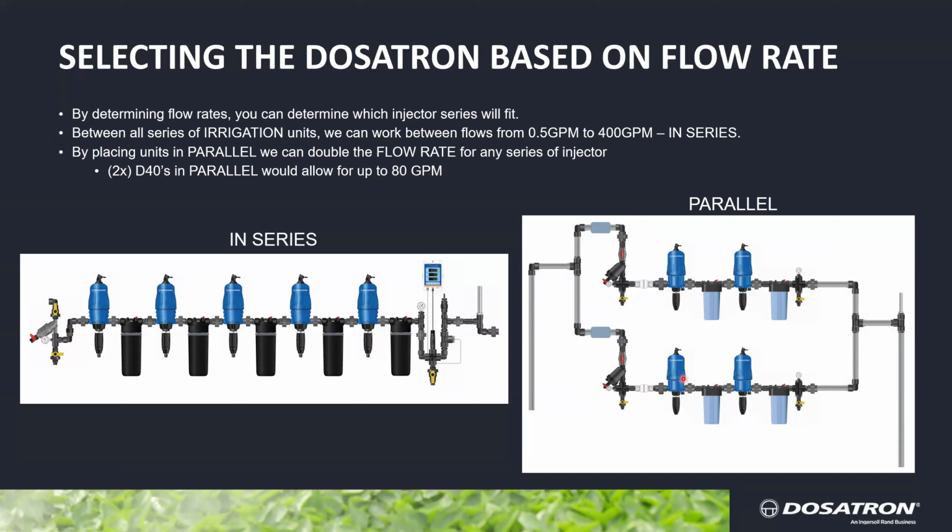The important thing to remember here is that when we go in parallel, we want the units that are in parallel themselves to be injecting the same input, so the same fertilizer, the same chemistry, and we want those to be set to the same injection rate.